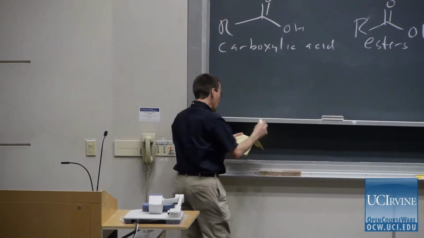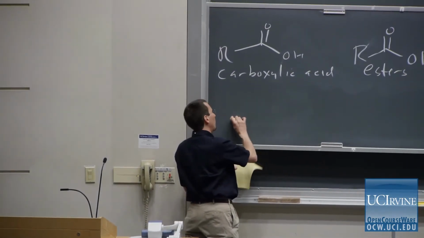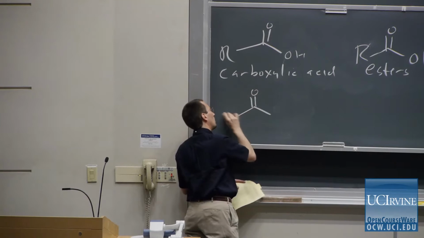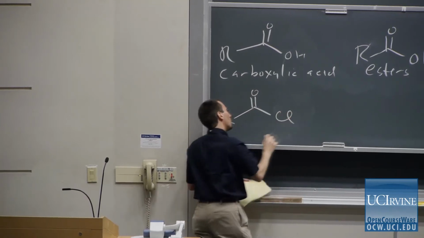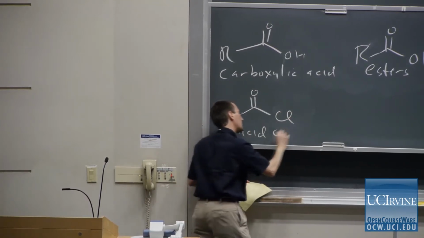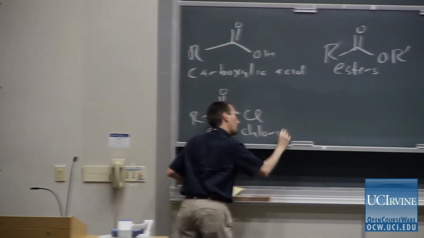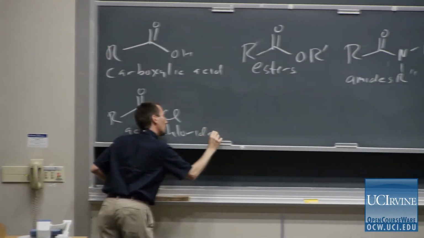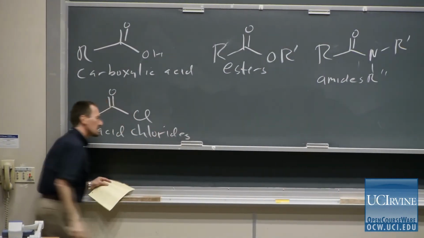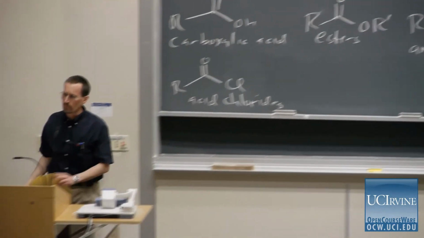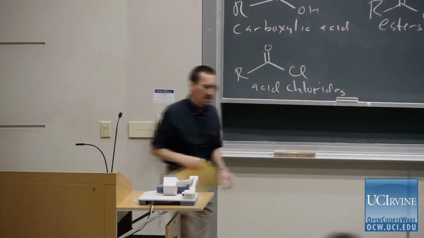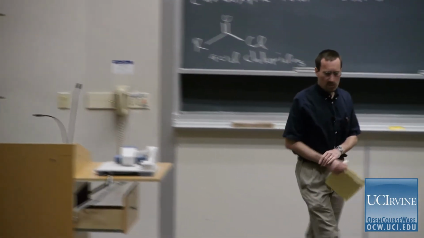And these then moving along in the family, we have acid chlorides. Acid chlorides are very reactive. We'll be talking about their chemistry. I'm giving you the important members of the family.